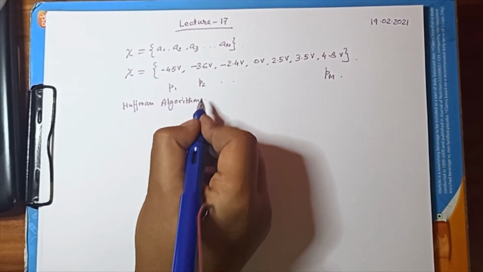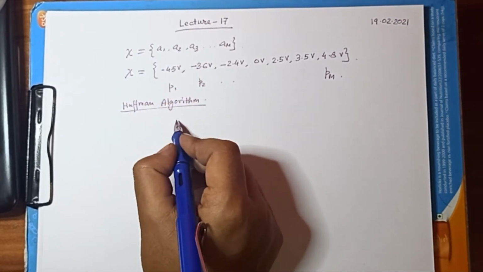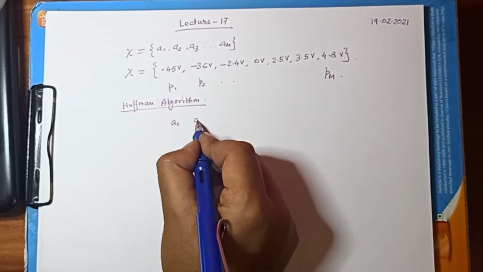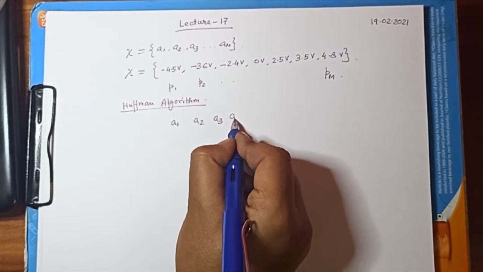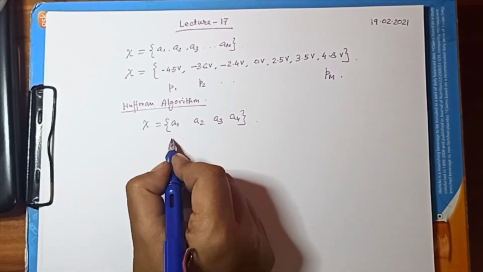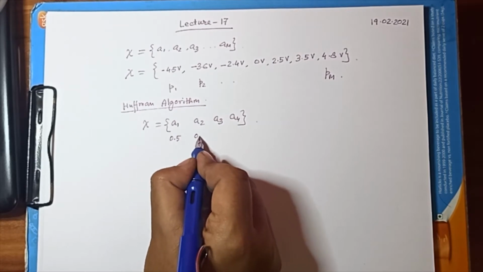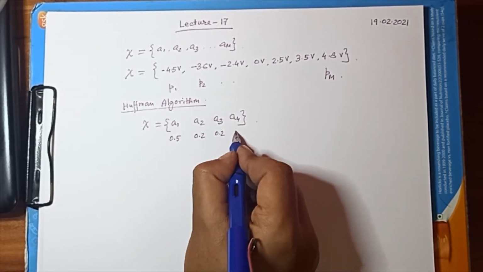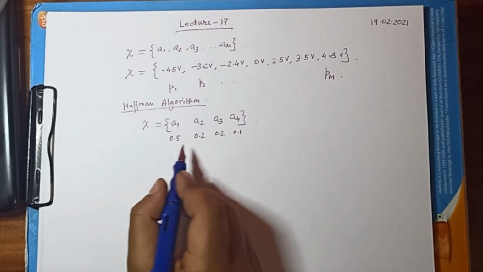So for example, I have 4 symbols, say A1, A2, A3, A4. The alphabet is this with some probabilities, say 0.5, 0.2, 0.2, 0.1, something like that. So I assign some code.